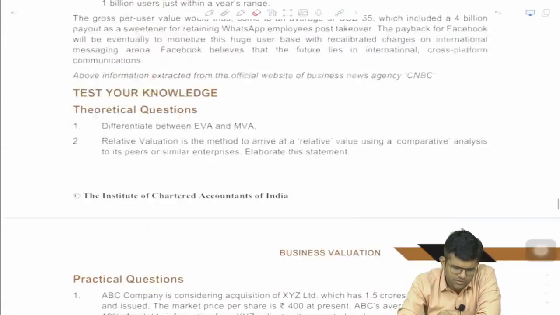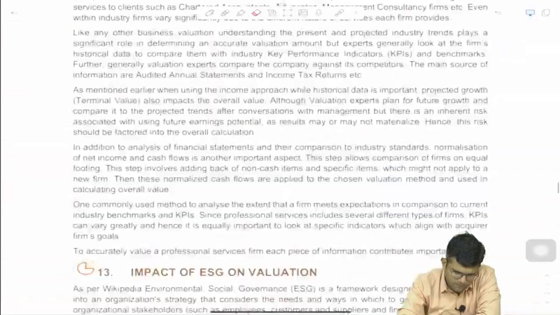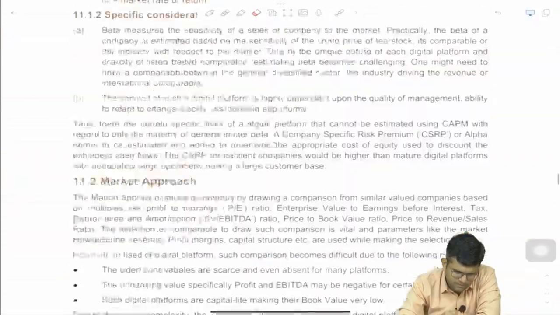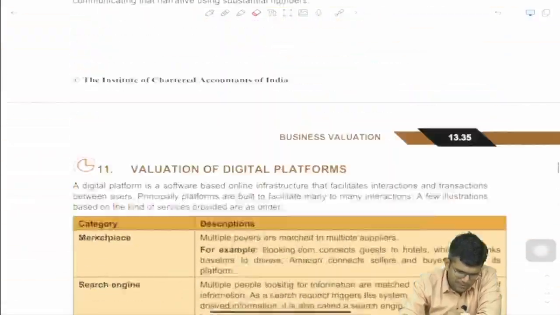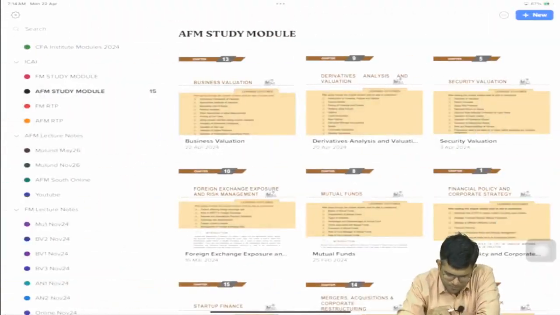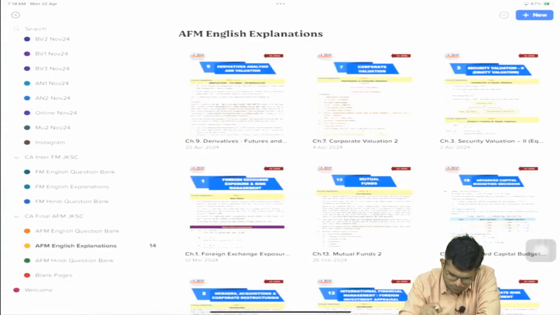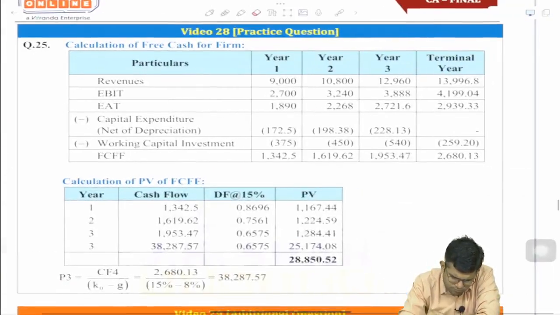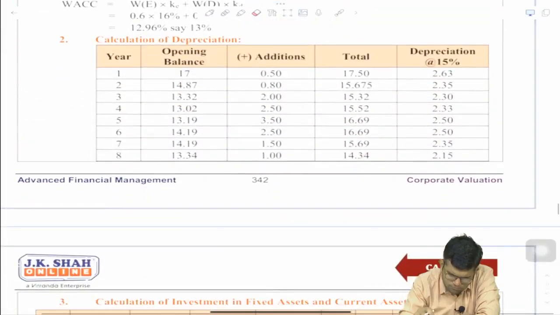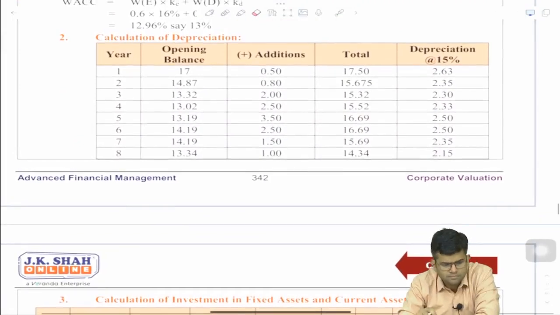Unfortunately, they removed the question only from the module. It's okay. I have the solution, don't worry. Just check this.